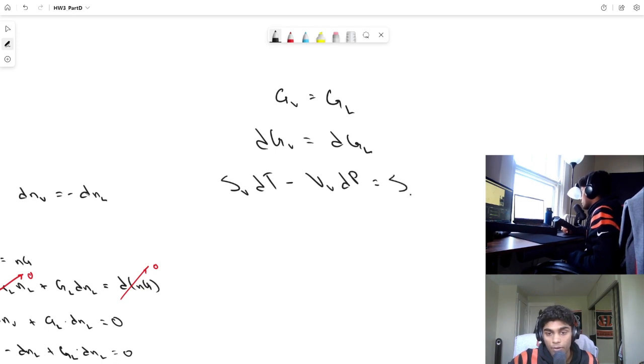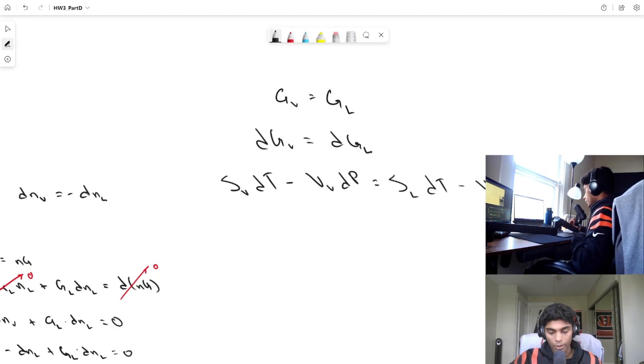So we have entropy of the liquid phase dT, minus specific volume of the liquid phase times differential pressure. So now from here, we can start grouping up on either side depending on what attribute we're looking at.